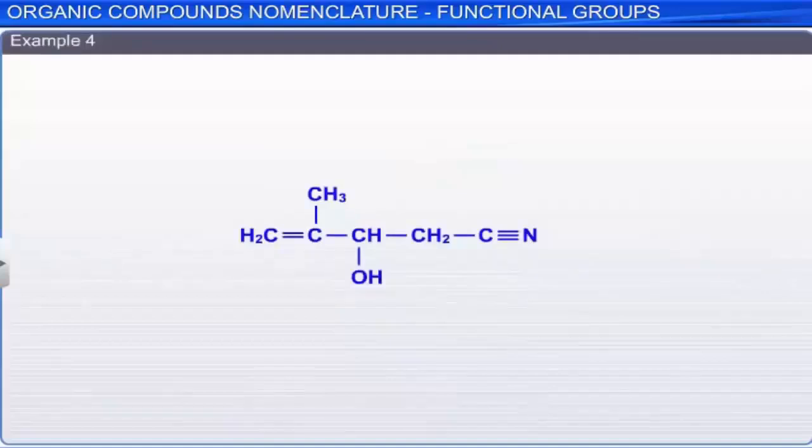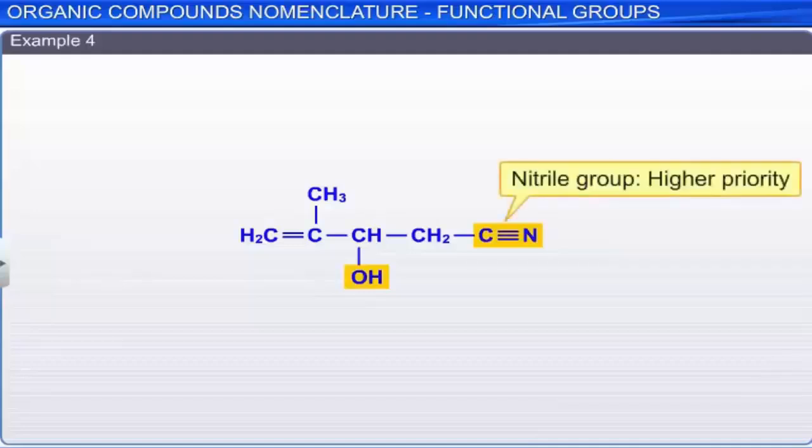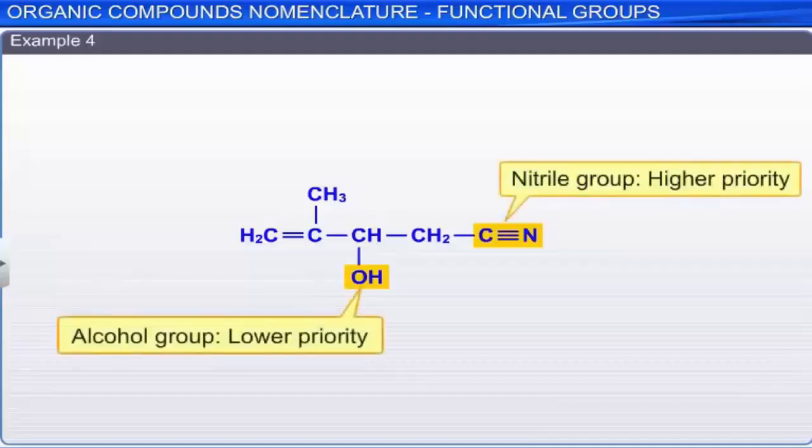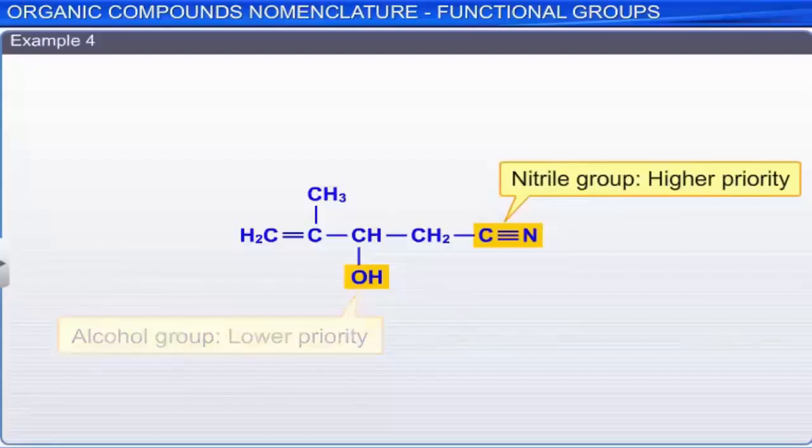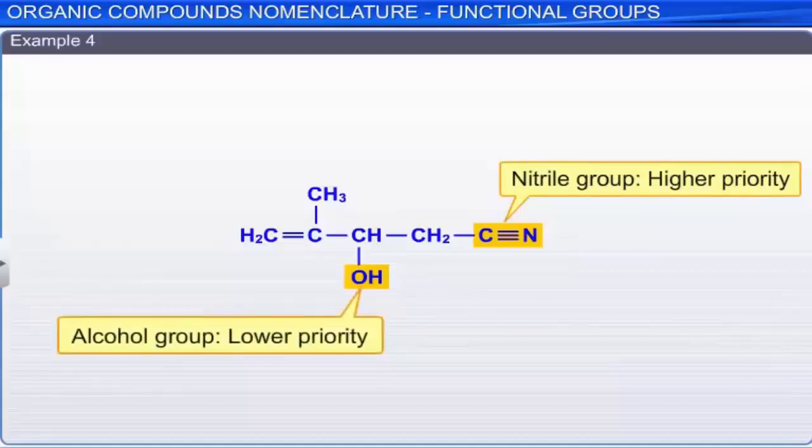Now let's name this compound. In this compound, there are 2 functional groups attached, nitrile group and alcohol group. As the nitrile group has higher priority than alcohol group, we will number the carbon chain such that the carbon of nitrile group gets position 1.